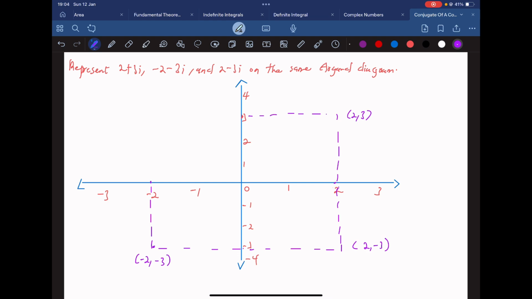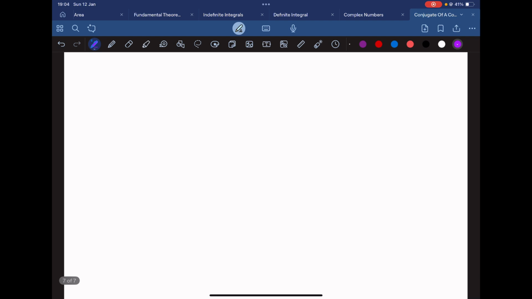Okay, so let's move on to a different question, and that's the last question today. We have to represent the following on the same Argand diagram.